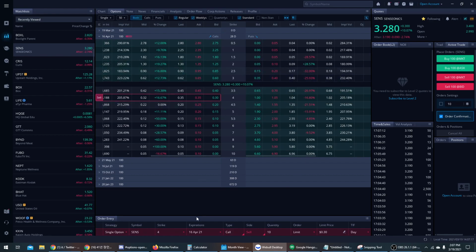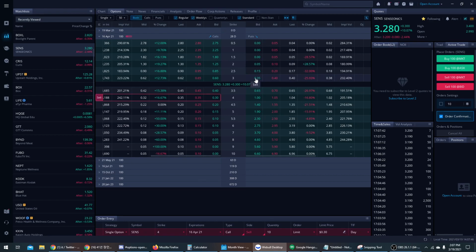Same thing if you want to do a put. When you're selling a put, you have to pay attention to time decay. If you're selling a call, you have to be mindful that you may be assigned the shares.